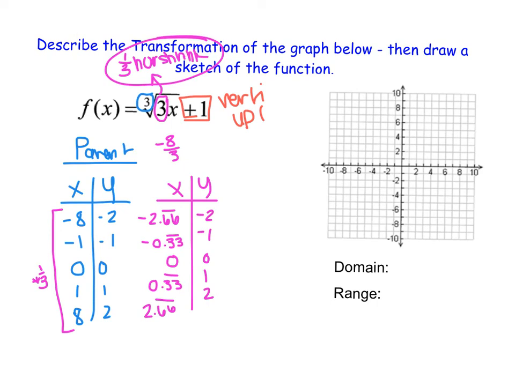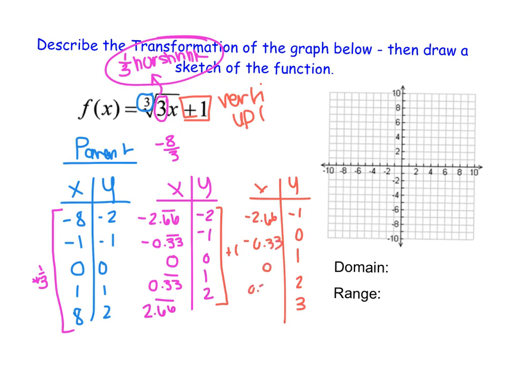So now we're going to vertically translate this graph up 1. So we take all of our y values and we add 1 to them. So those become negative 1, 0, 1, 2, and 3. And then our x values here stay the same.